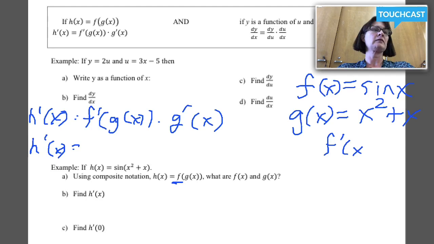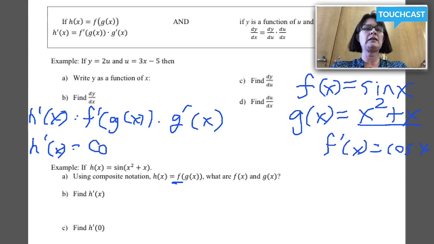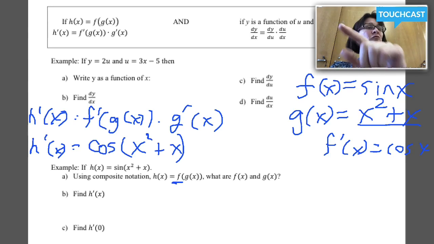If f of x is sine x, f prime of x is cosine x. So I want f prime of g. That means I want cosine of, here's g, x squared plus x. That's cosine with the inside left the same, x squared plus x. That's my f prime of g of x.